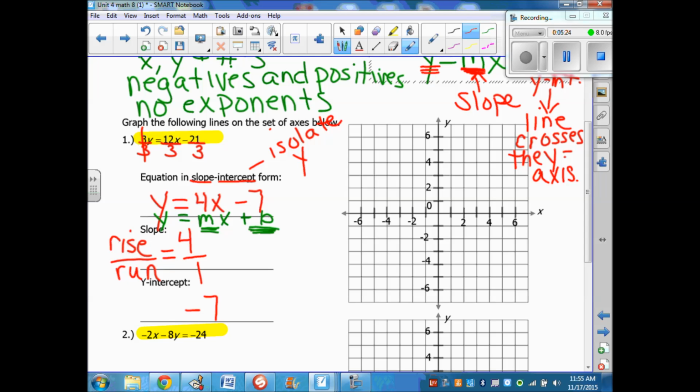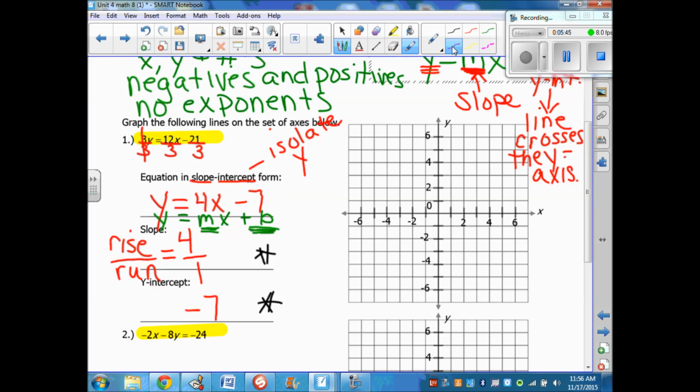So now we have the two pieces of information that we need, the slope and the y-intercept, to be able to graph this line. So where do we start? We start with the y-intercept. The y-intercept is where we begin.